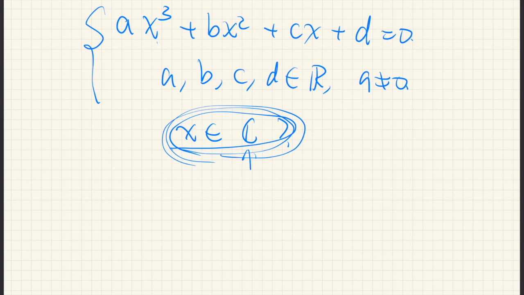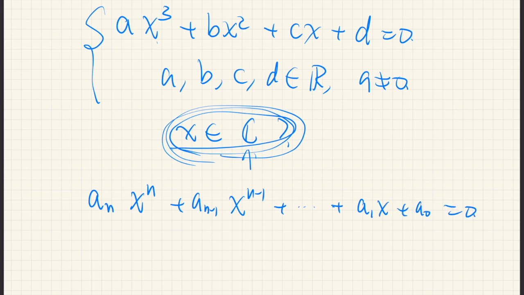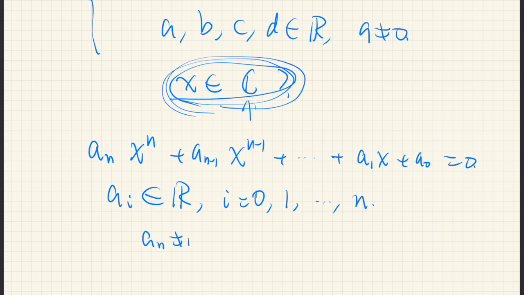And more generally, if we consider the polynomial of order n, so coefficient a_n x to the power of n, plus a_(n-1) x to the power of n minus 1, and so on, plus a_1 x plus a_0 equal to 0. So n can be any natural number, and each a_i is real for i from 0, 1 up to n, and a_n is non-zero.